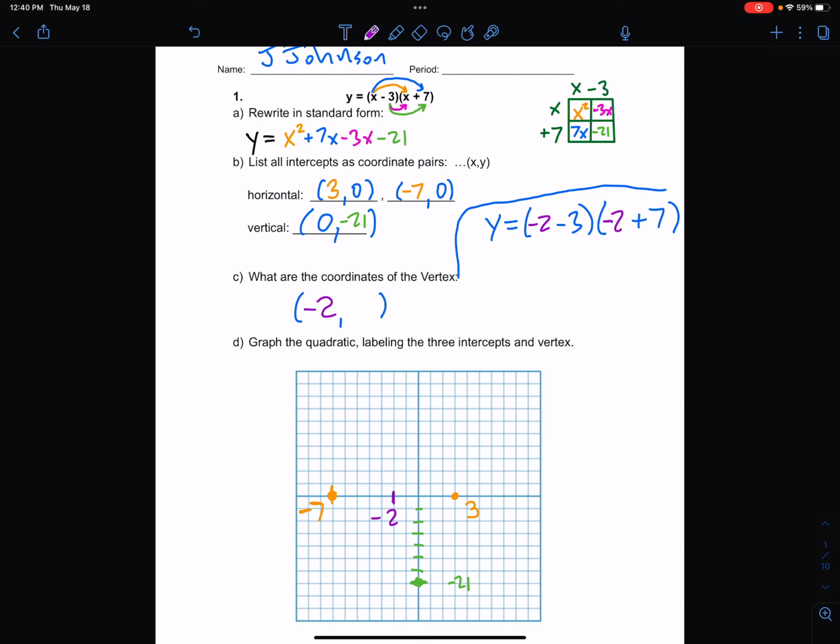So when I do that, I add everything up in the parentheses and then multiply them together. So y equals -2 minus 3. They're both negative, so you're definitely going to end up with a negative number, and it's 5. If you start at -2 and take away 3, you end up at -5.